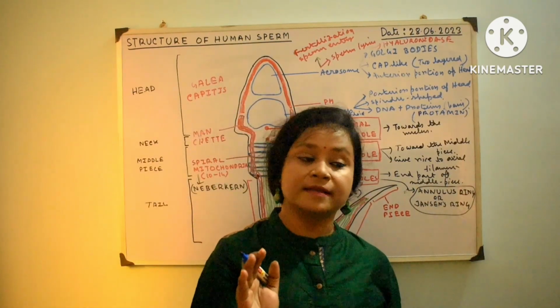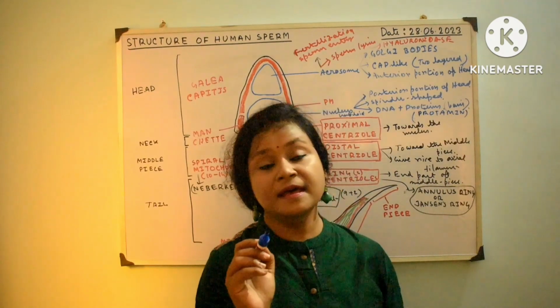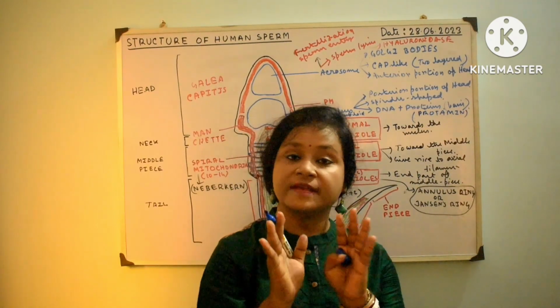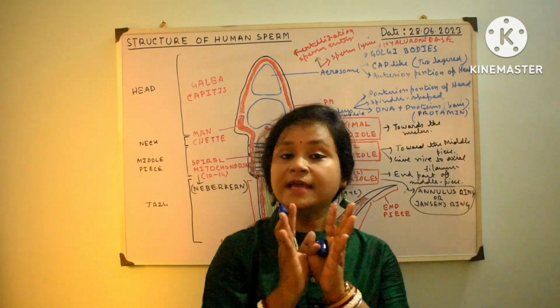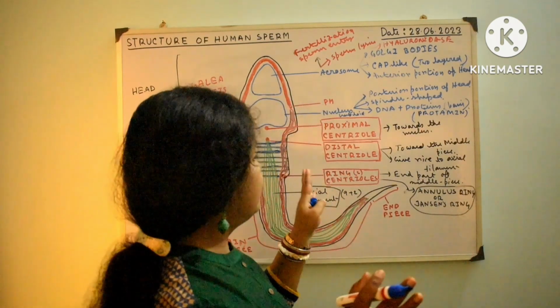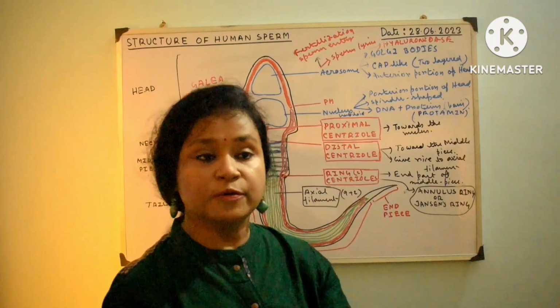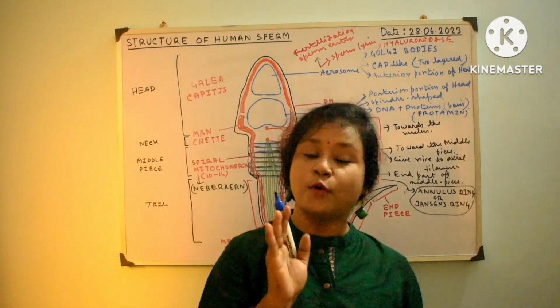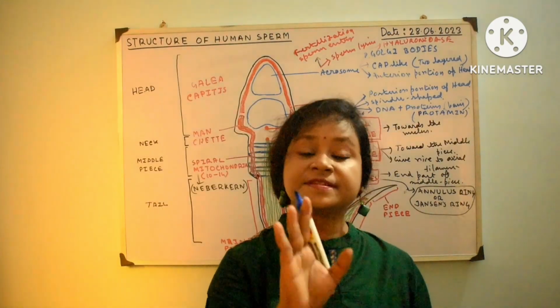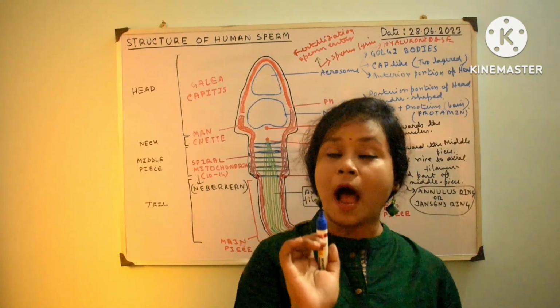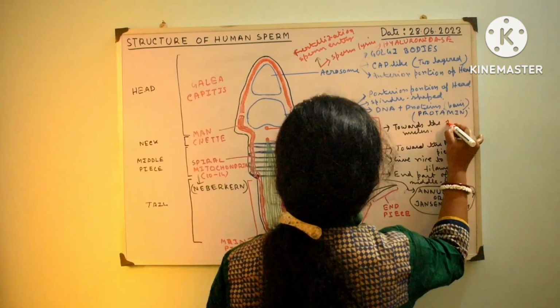All of you know that when sperm and egg are united, first of all a zygote is formed, and the function of this proximal centriole is to contribute and help in forming the first mitotic spindle after fertilization.